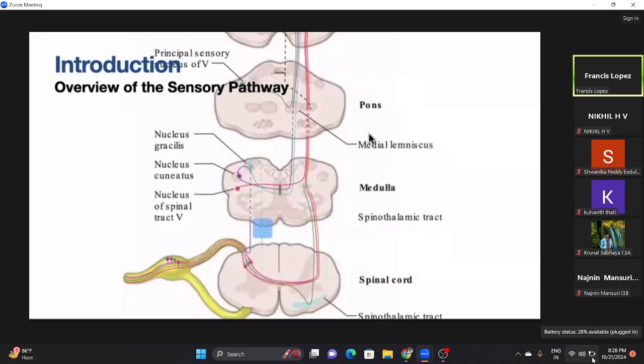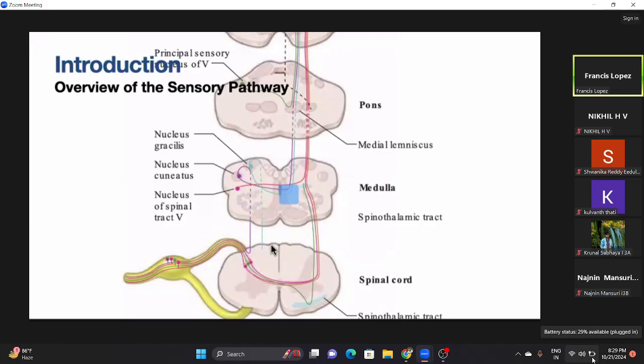So this will become a bit different for the dorsal columns because the dorsal columns, as you can see, di ba, they ascend into the ipsilateral dorsal columns here, and then they ascend ipsilaterally into the medulla, where in the medulla they decussate towards the other side.